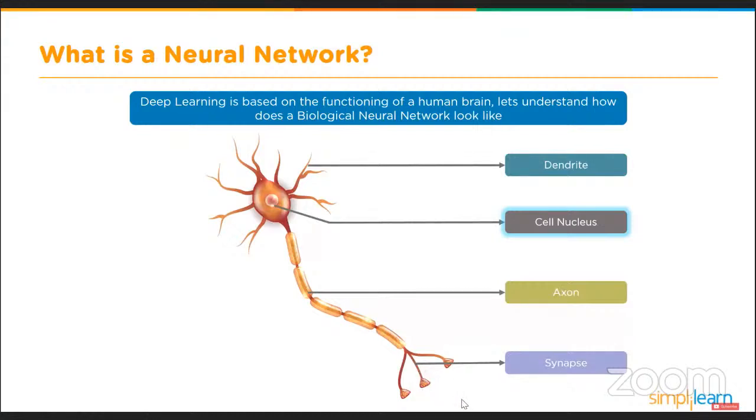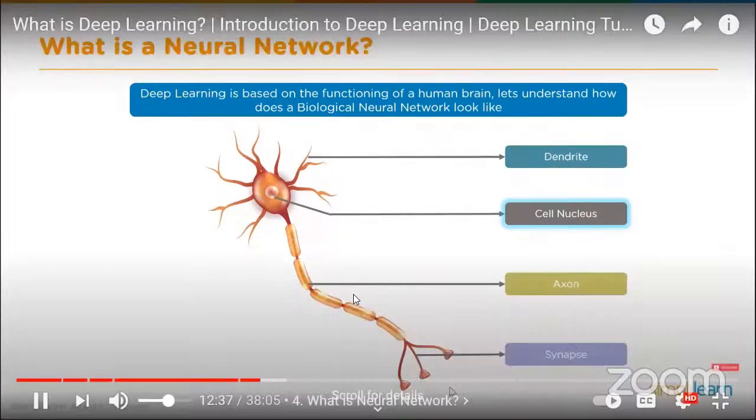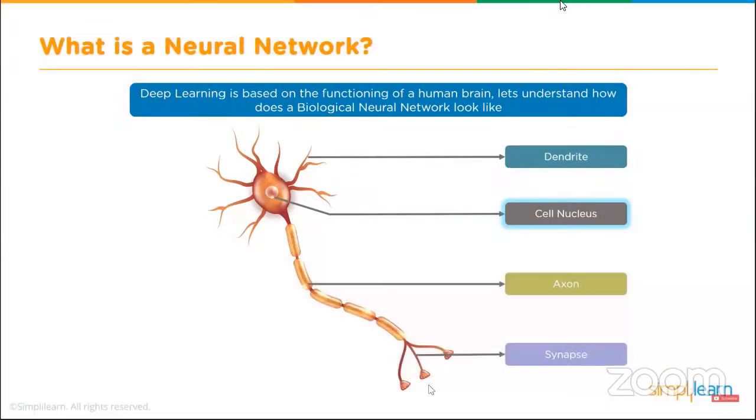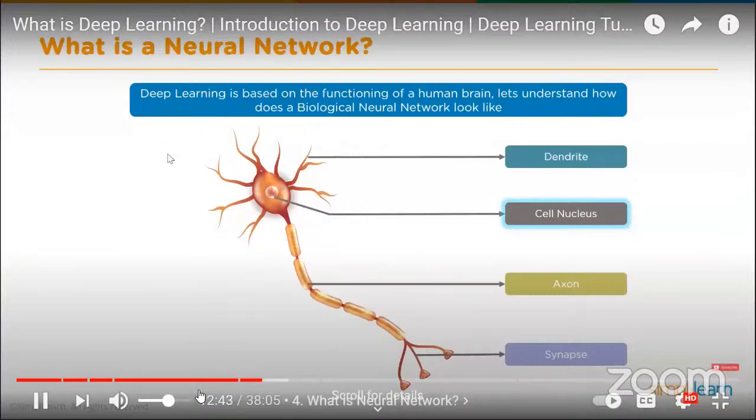These in turn are connected to the dendrites of the next neuron, and all these neurons are interconnected with each other. There are billions of them sitting in our brain, and they're all active, they're working. They receive signals as inputs from other neurons or maybe from other parts of the body, and based on certain criteria they send signals to the neurons at the other end.